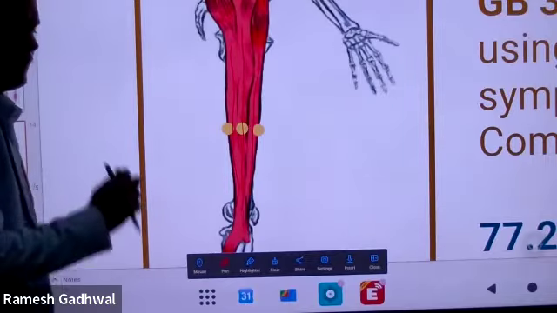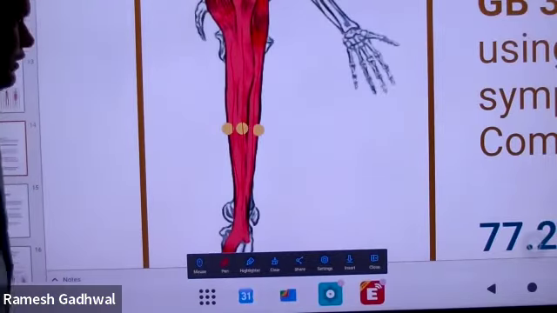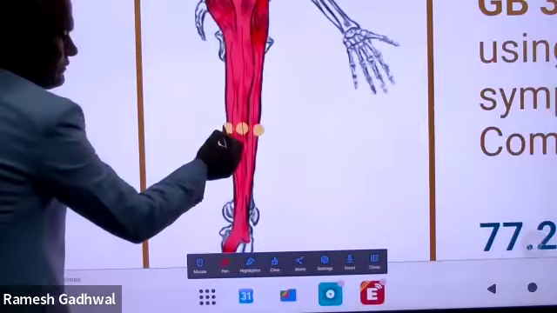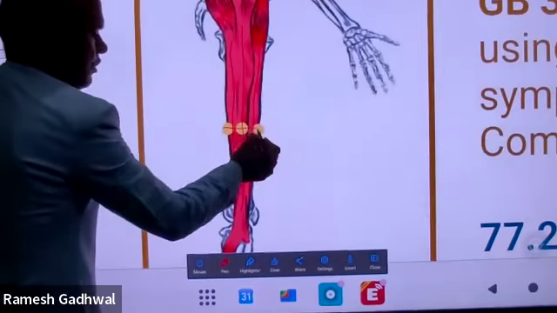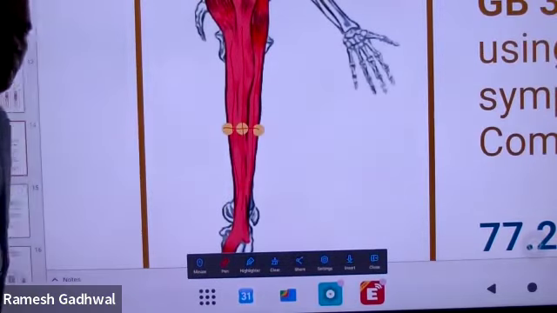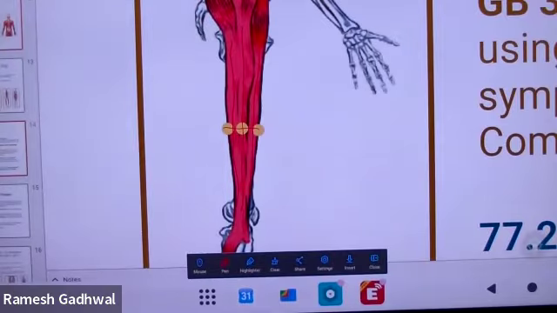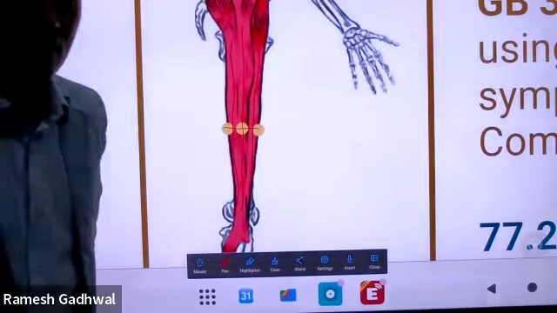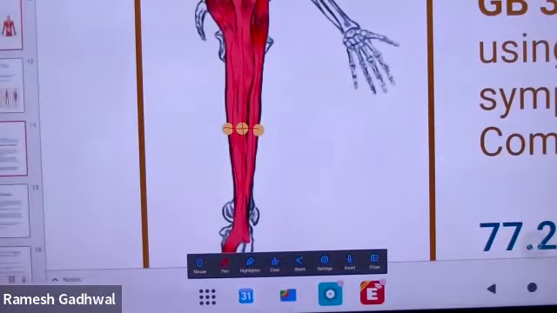Okay. It is on the lateral side. When you are using these 3 points, it is treating all conditions of pain: front, back, and side. So this is a great combination of points.